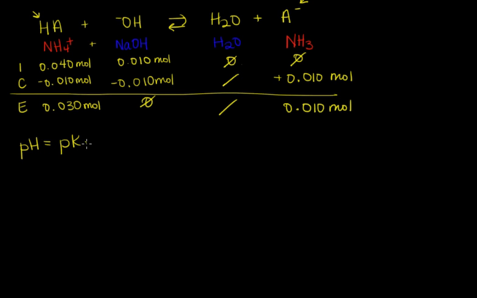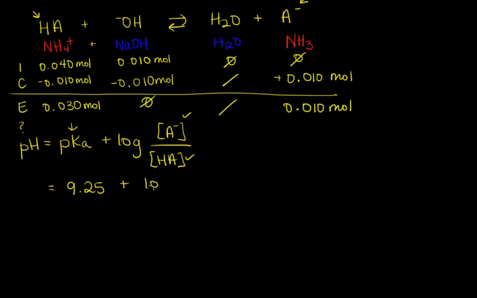We know the concentration of A minus, we know the concentration of HA, and we're looking for the pH. So we have to look this up, and we know this and this. When we look up the pKa, we see that it is 9.25.